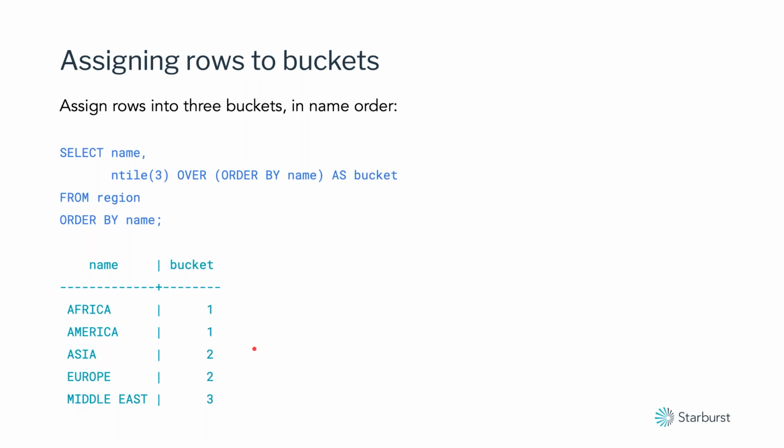So another thing that we can do is assign rows into buckets using the ntile function. If we want to take all the rows and assign them into one of 3 buckets, we use ntile, pass it 3 for 3 buckets, and we say assign the buckets based on the name order. So we see that the first 2 items get assigned to bucket 1, the next 2 items get assigned to bucket 2, and then the last item gets assigned to bucket 3.